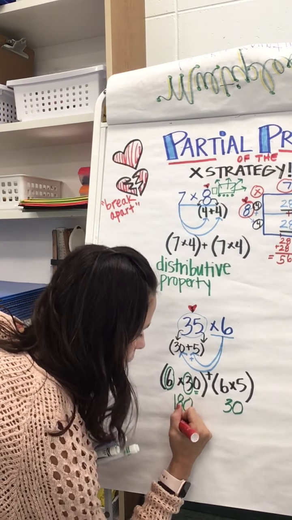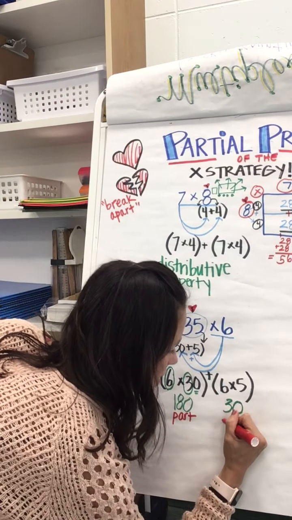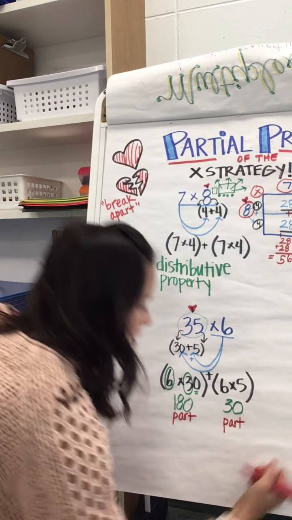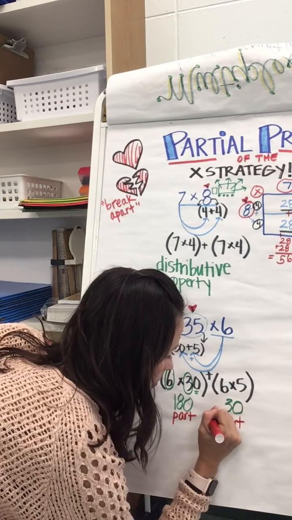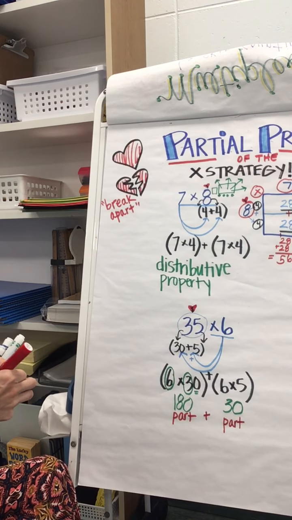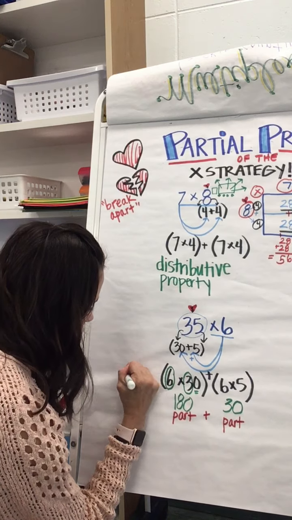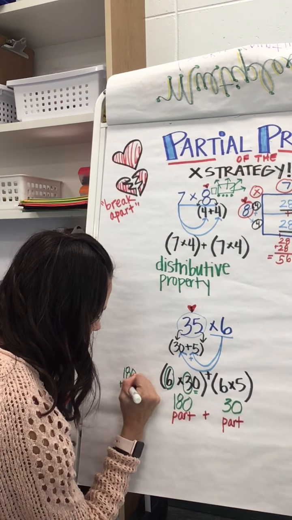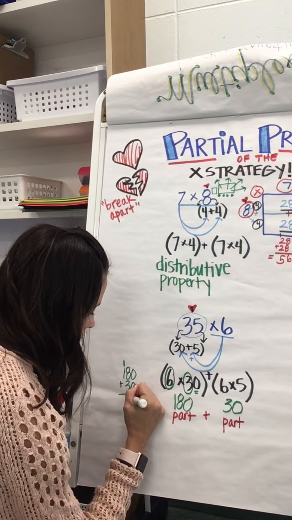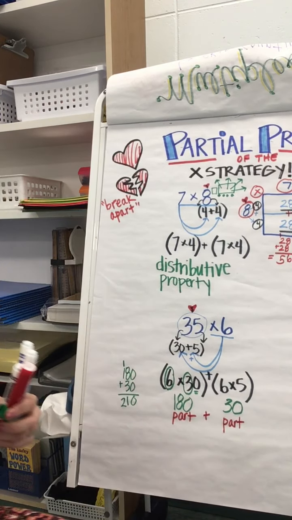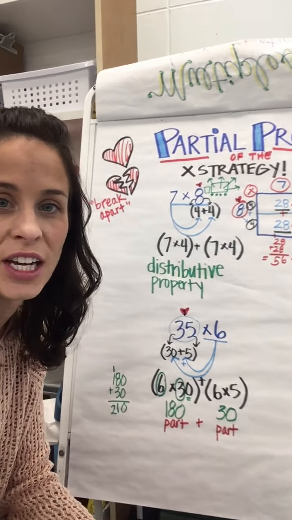Okay, this is part of the answer to 6 times 35. This is part of the answer to 6 times 35. And if I add up the parts of the answer, 180 and 30, I will get the total product. So, and you can just do it on the side, 180 plus 30. 210.